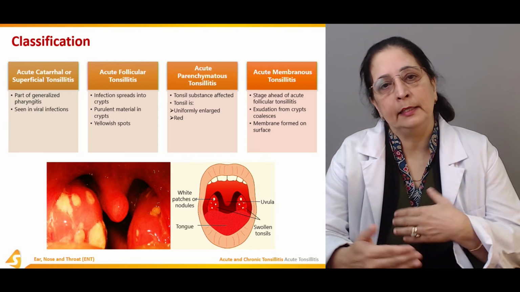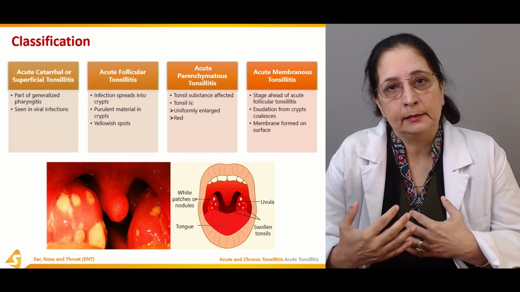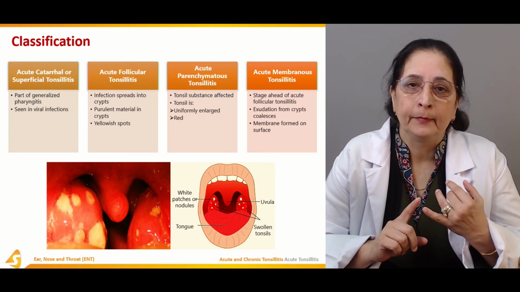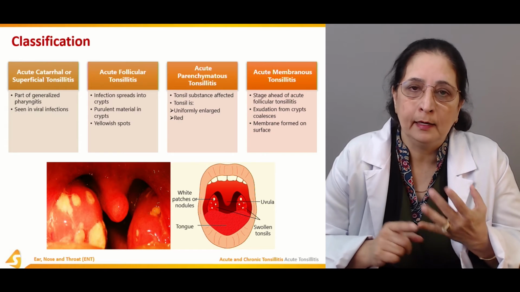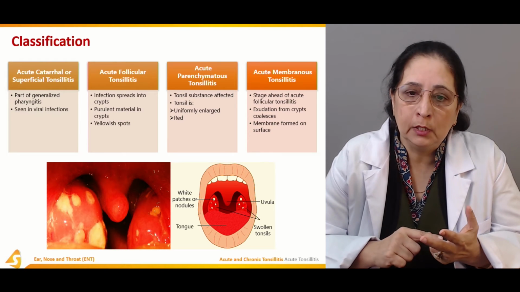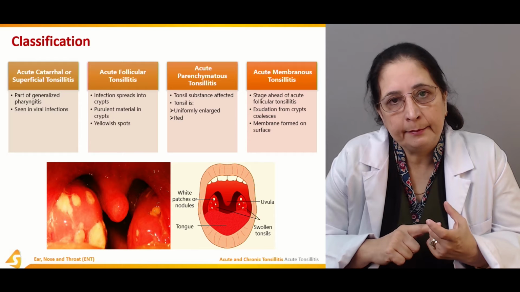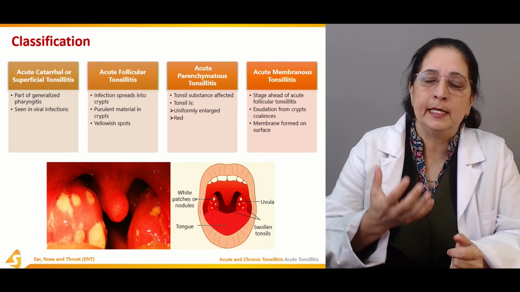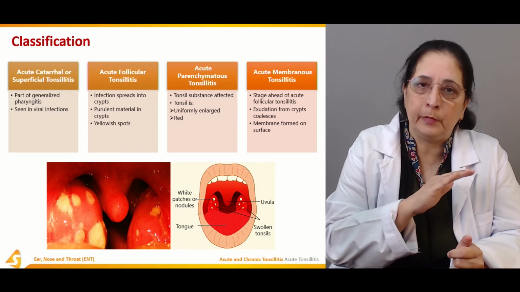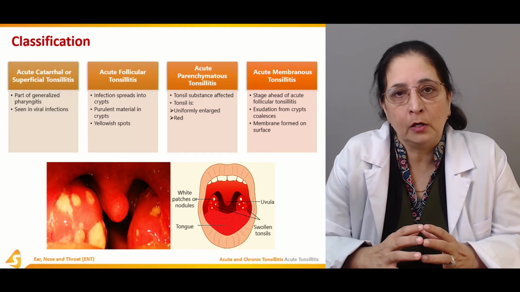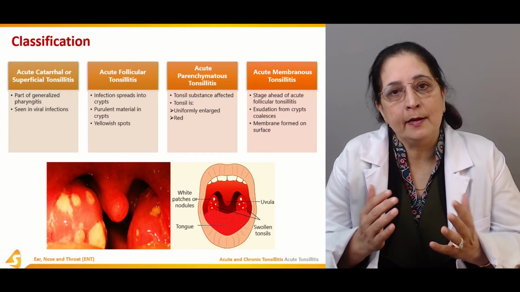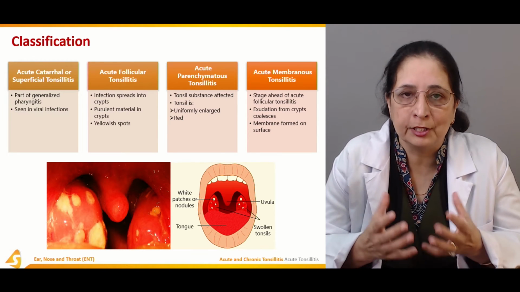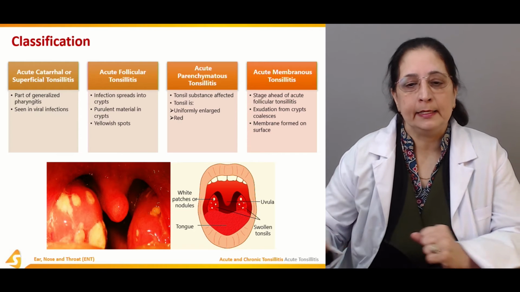So these are the four types or classifications of acute tonsillitis: acute catarrhal, acute follicular, acute parenchymatous, and acute membranous. Membranous is very easy to identify. There is formation of membrane on the tonsils. In parenchymatous, the whole tonsil is involved, it's equally large and it's red in color.